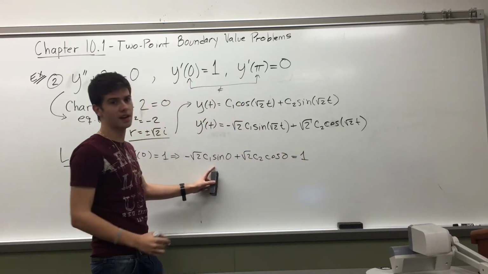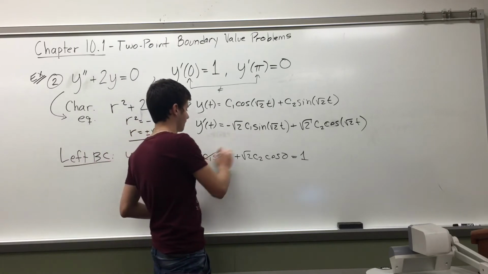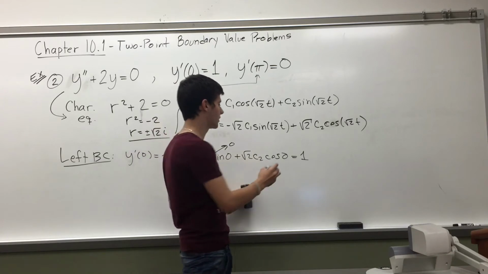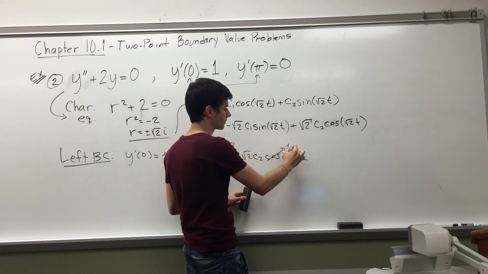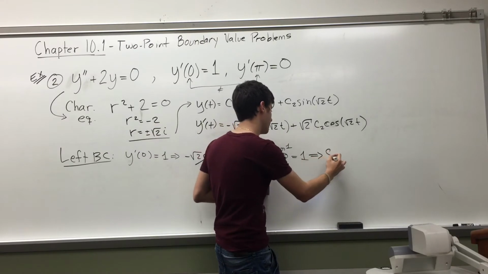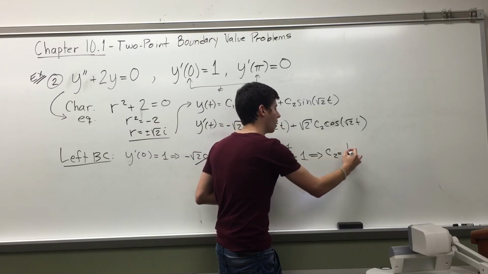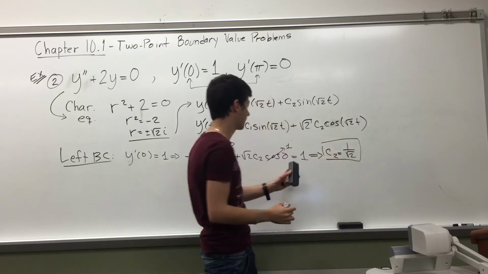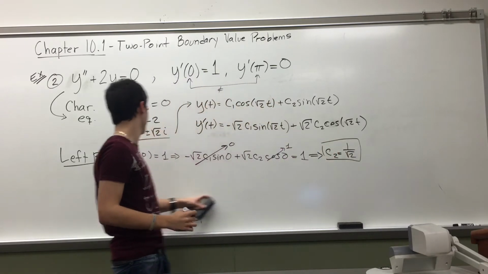Here we notice that sine of 0 is equal to 0, so this term vanishes. And cosine of 0 is equal to 1. And therefore c2 is equal to 1 over the square root of 2, if we divide both sides by the square root of 2.